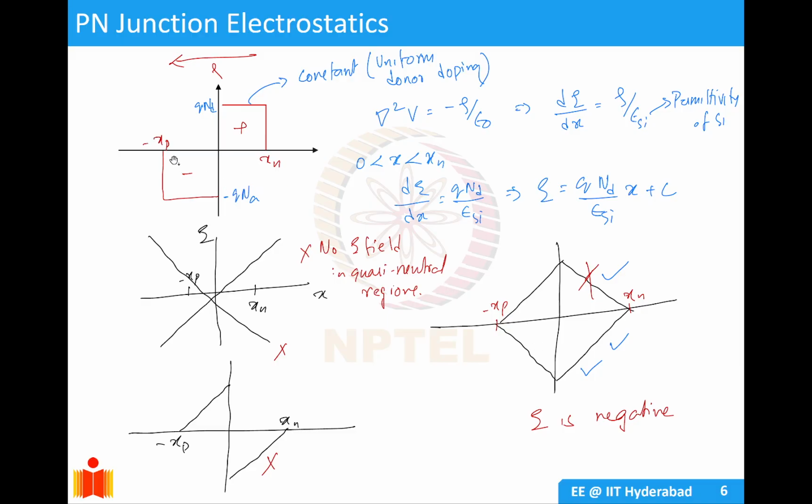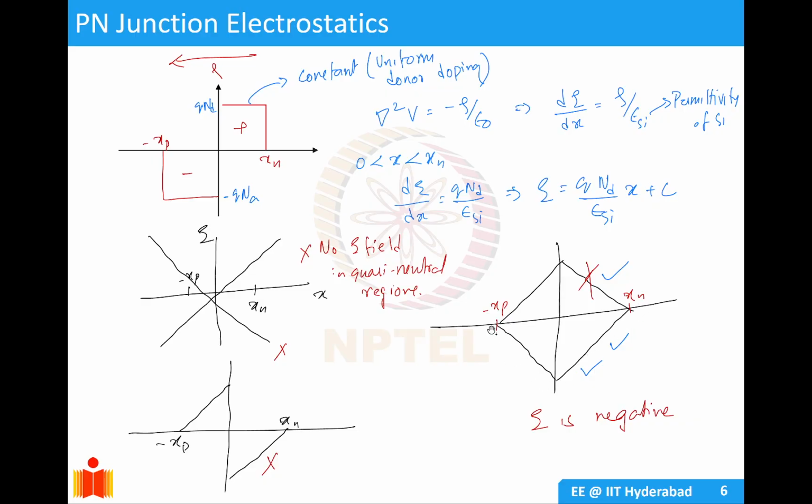And similarly for the left side, your electric field will be q Na by epsilon Si x plus c. So it will go like this and it will go like this. So this is how your electric field will look.